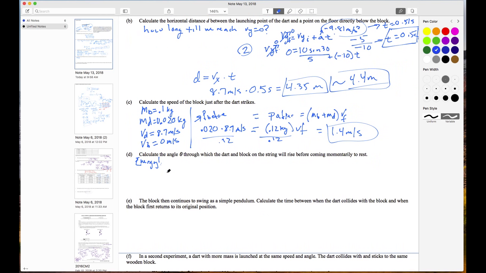So the energy at the start and end have to be equal.